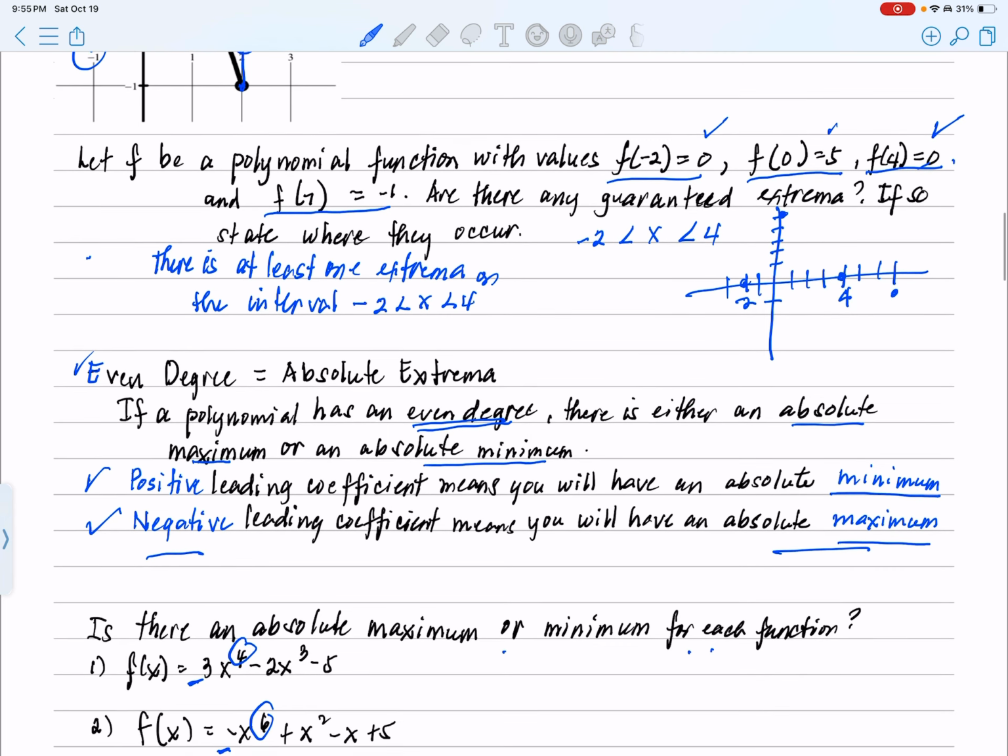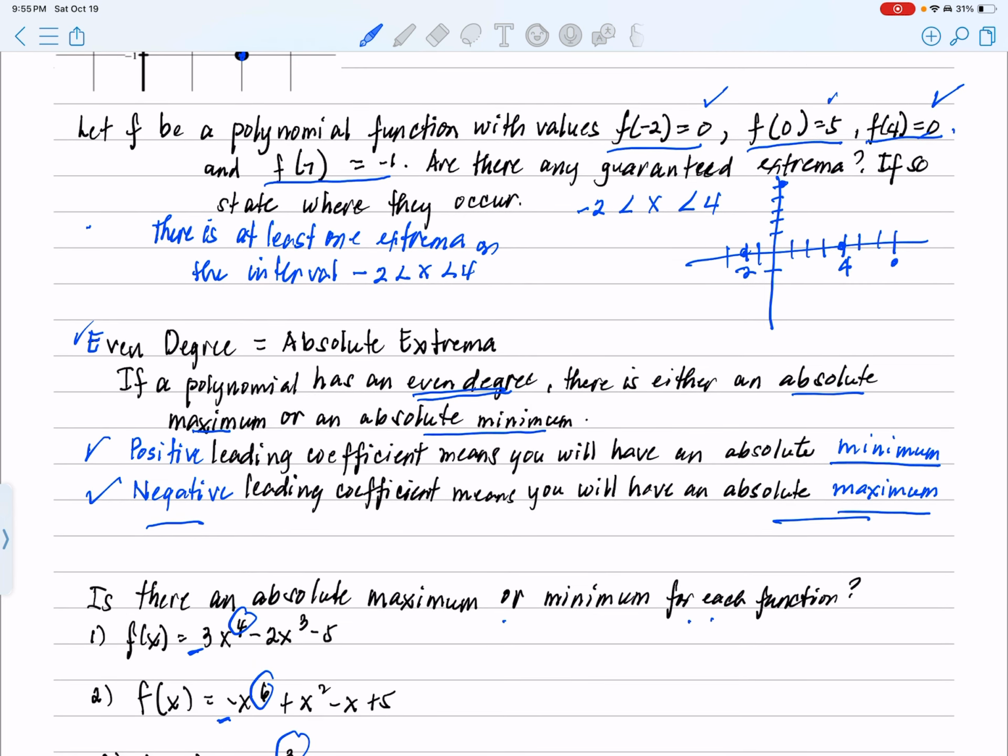All right. If you have only one zero, then you cannot have an extrema. Okay, it's not a guarantee that you can have an extrema when you have zeros.